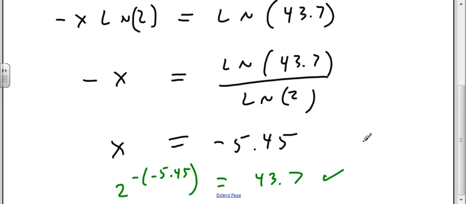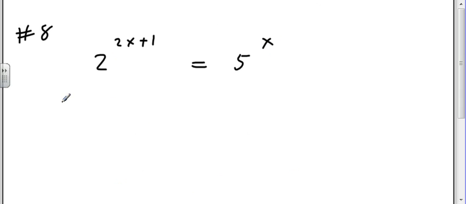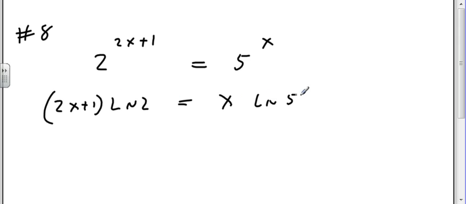All right, well, let's do 8 next. 2 to the 2x plus 1 is equal to 5 to the x. All right, I'm just going to take the natural log of both sides. And what am I going to do with that, I wonder?